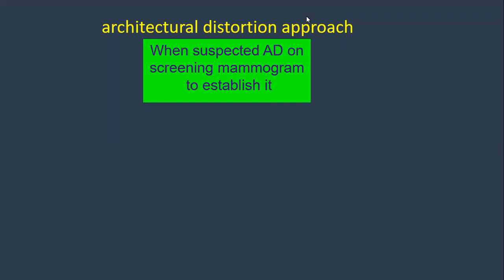This other view. Now, the patient had done the screening and she has already left. And now you are reporting the screening and you suspect an area as architectural distortion.